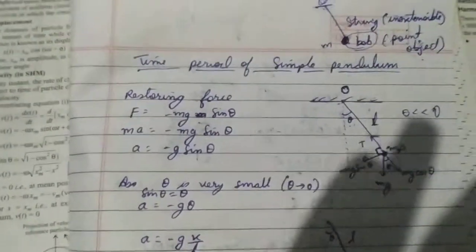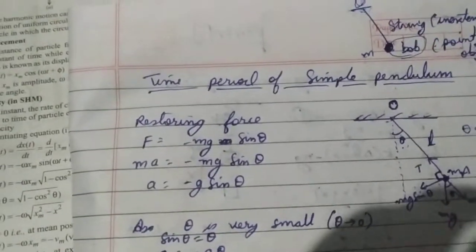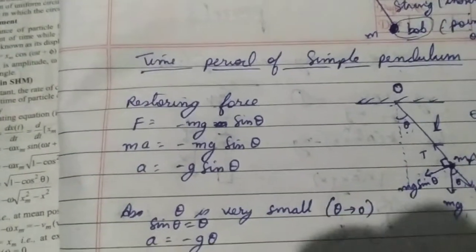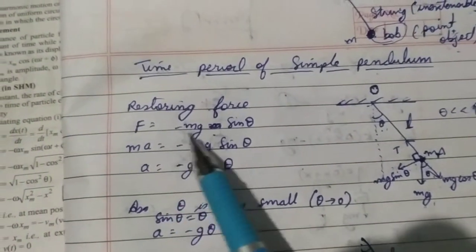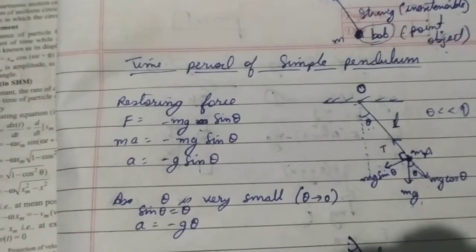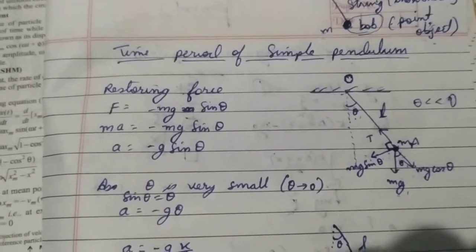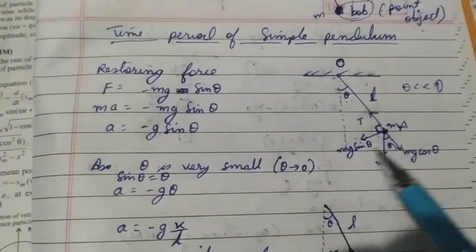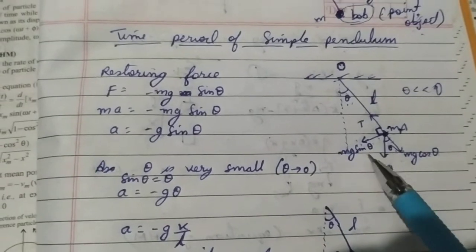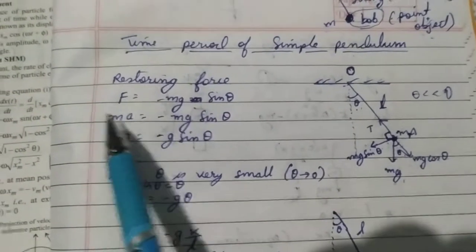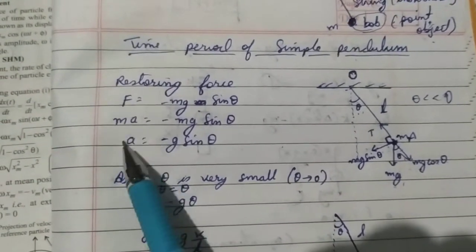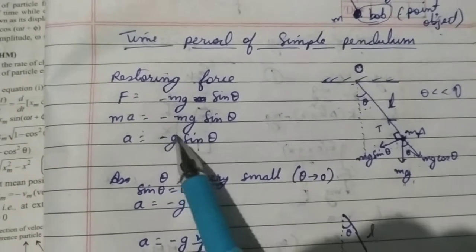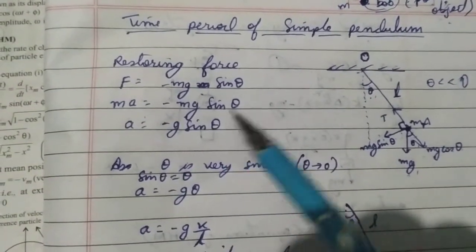So now coming back to our problem, we have a restoring force F, that is minus mg sin theta. As I've already told you, this is minus mg sin theta. So then we can write force as ma. This ma will be equal to minus mg sin theta.